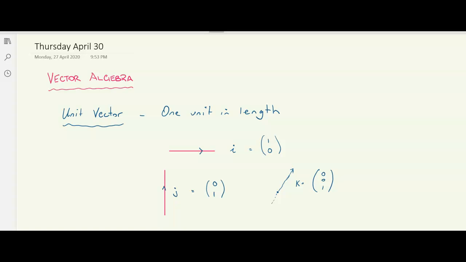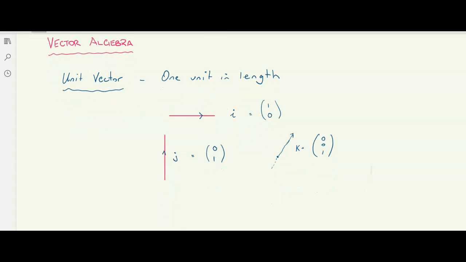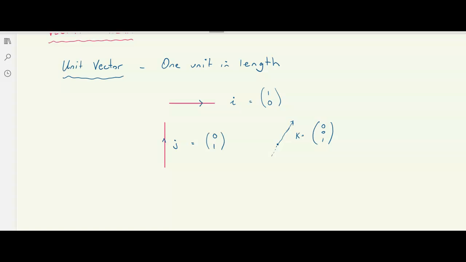Okay, so this allows us to then refer to vectors in unit vector format. So we would talk about perhaps AB, which I think was a 4, 3 vector, just to stay consistent with how we were talking earlier in the last screencast.